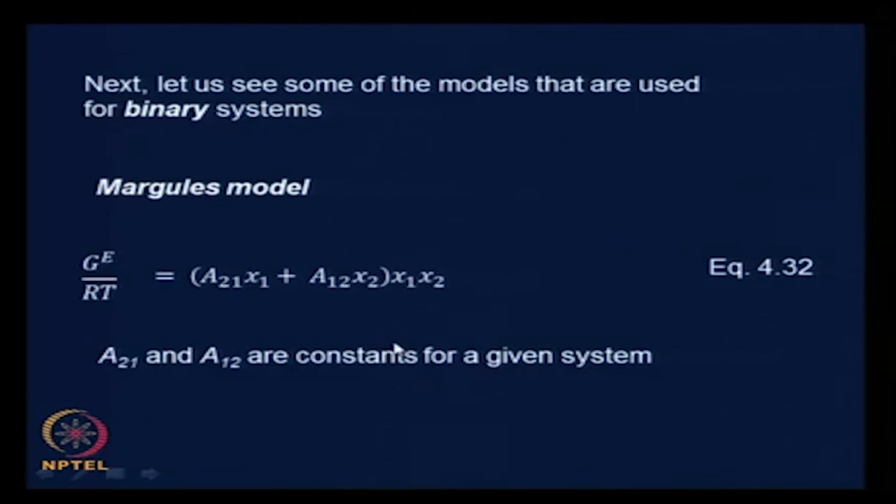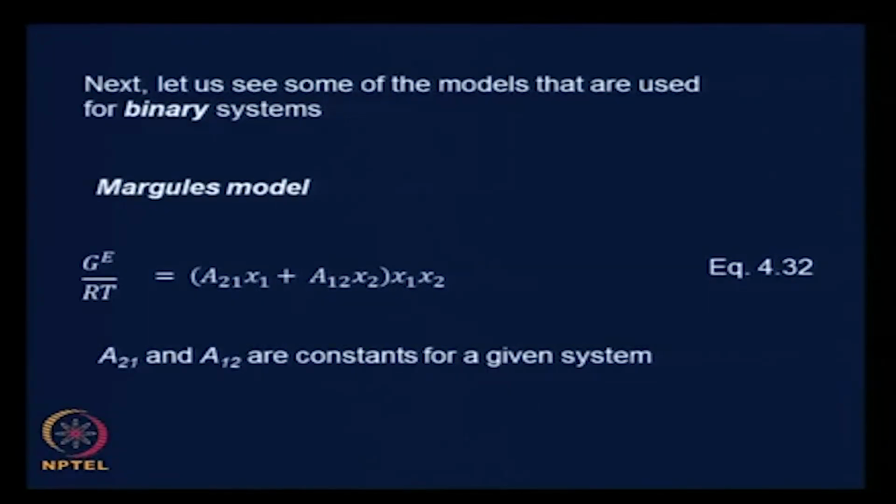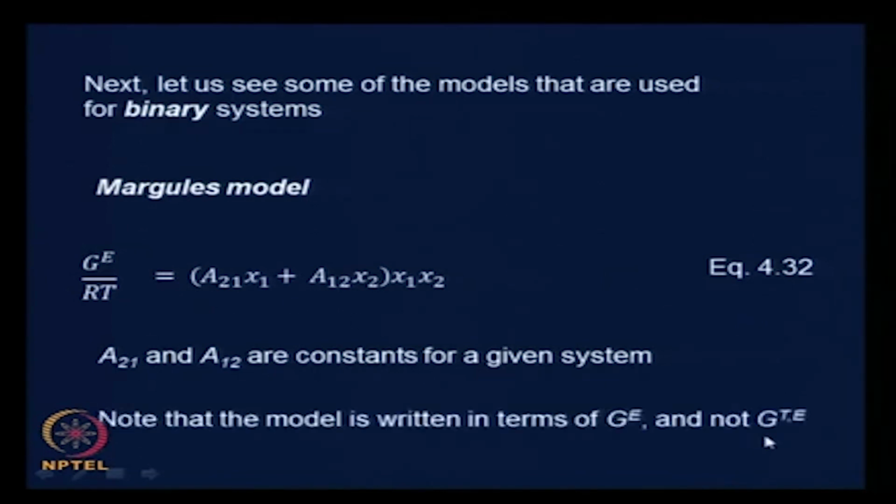For a particular solution, you have particular values of A21 and A12, and therefore if you know these constants, you can estimate GE by RT. We have already mentioned that the model is written in terms of molar quantities GE and not GTE. You need to note this because it will come in handy in certain derivations, one of which is coming up very soon.